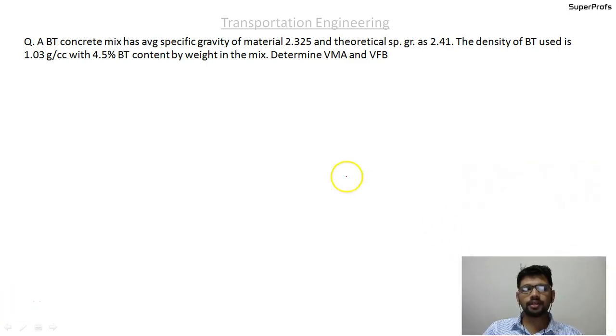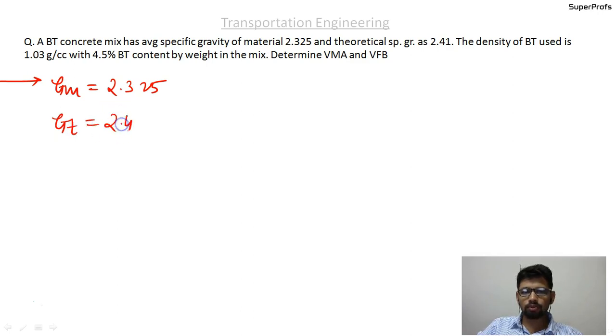Yes, so question number one: a bitumen concrete mix has average specific gravity of material as 2.325. Average specific gravity is given, that means GM is equal to 2.325, and theoretical specific gravity, that is GT, equal to 2.41. See, theoretical specific gravity is greater than this GM value. The density of bitumen used is 1.03 gram per cc.